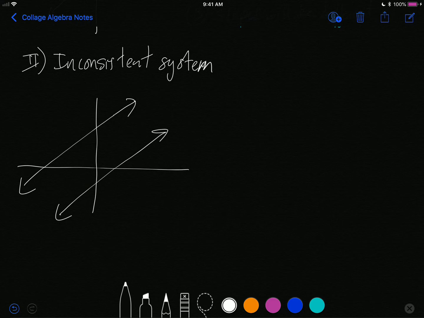And because they never meet, they have no point of intersection. If they have no point of intersection, then we have no solution, which is really sad. Lines do not intersect.